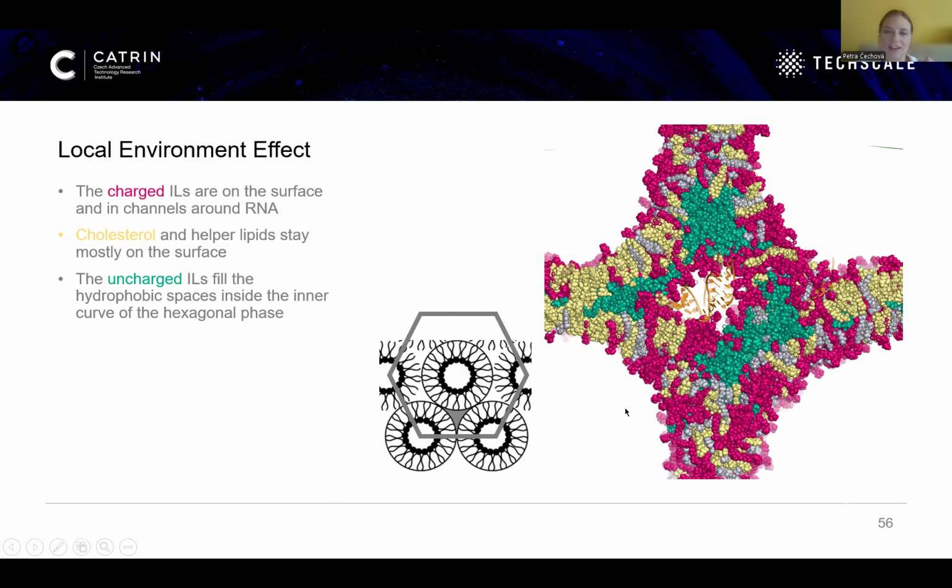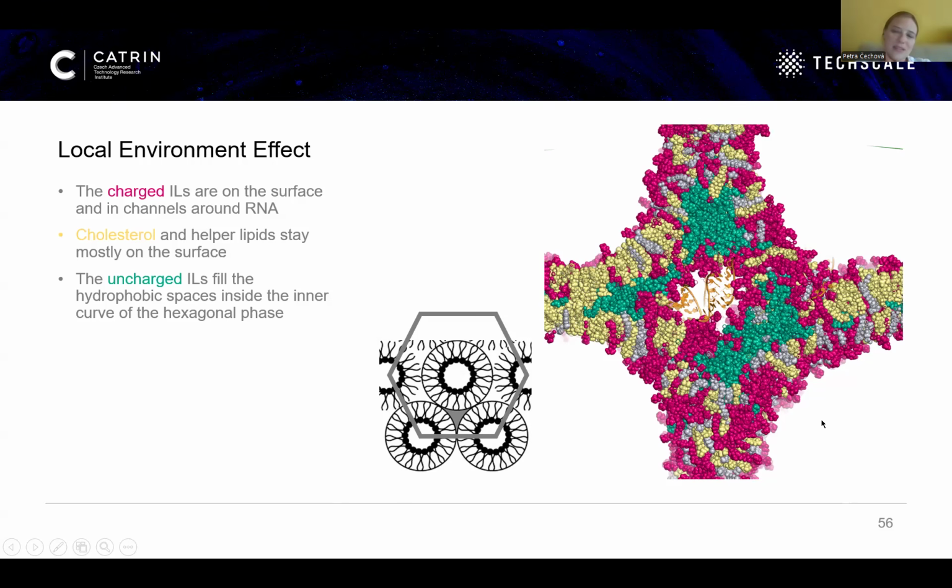water channel with RNA. So actually, these spheres of the hexagon are not the same size. We can see cholesterol that actually creates this patch that is almost a bilayer. It's almost lamellar. There is some separation of cholesterol and helper lipids as well.